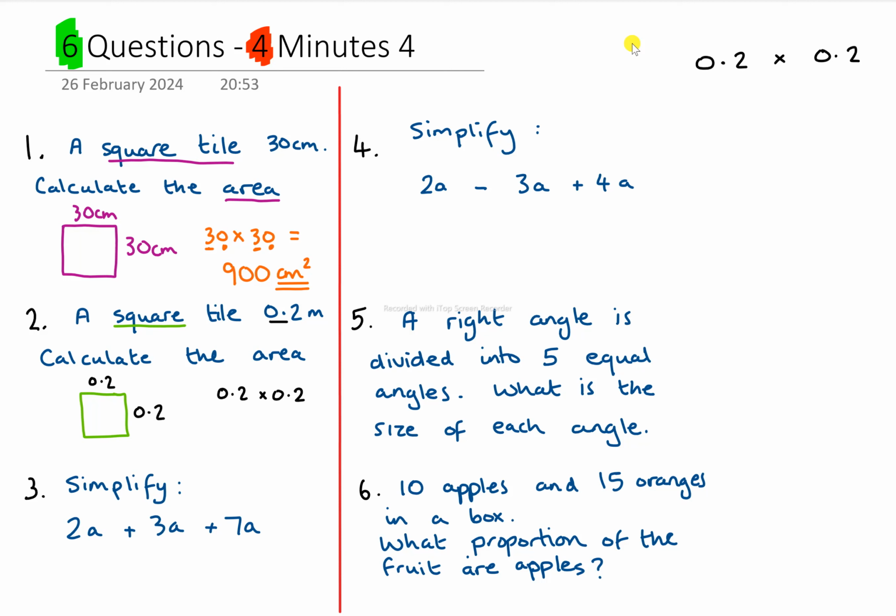So what I'm going to do, I'm going to move this decimal point here, and I'm going to move this decimal point here because I want integers, I want whole numbers. So my question now is 2 times 2, which is 4. That's the first step. Now, if I said to you, where's the decimal point? It's going to be here.